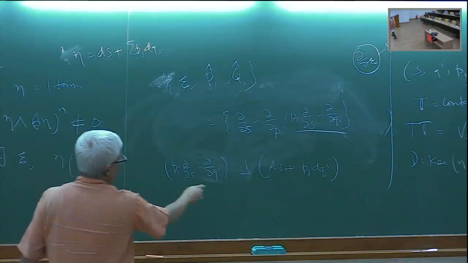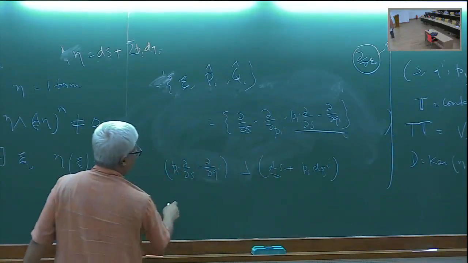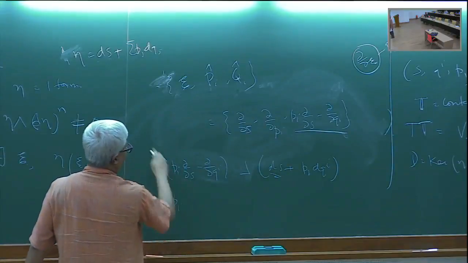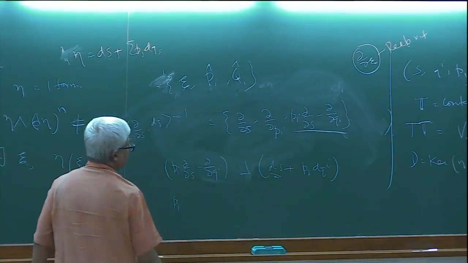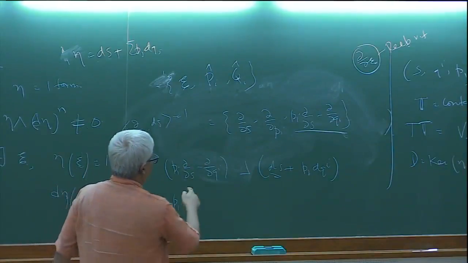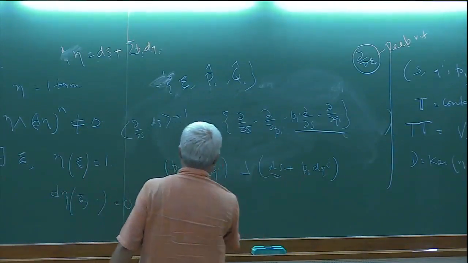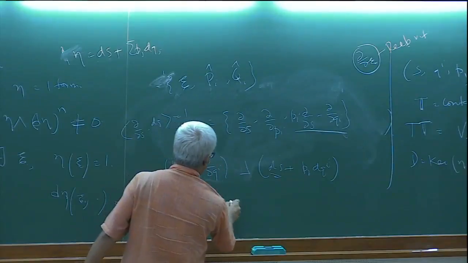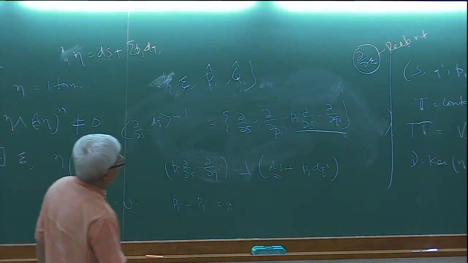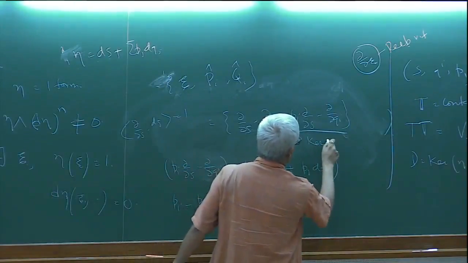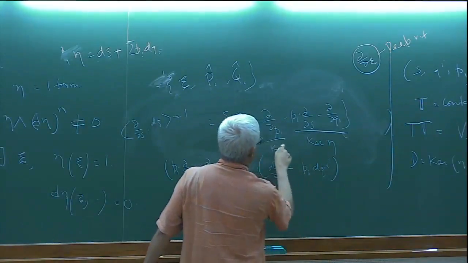The first contraction gives you Pi, because dS of del del S is 1. The second gives minus Pi, so this is 0. So it is also living in the kernel of eta.